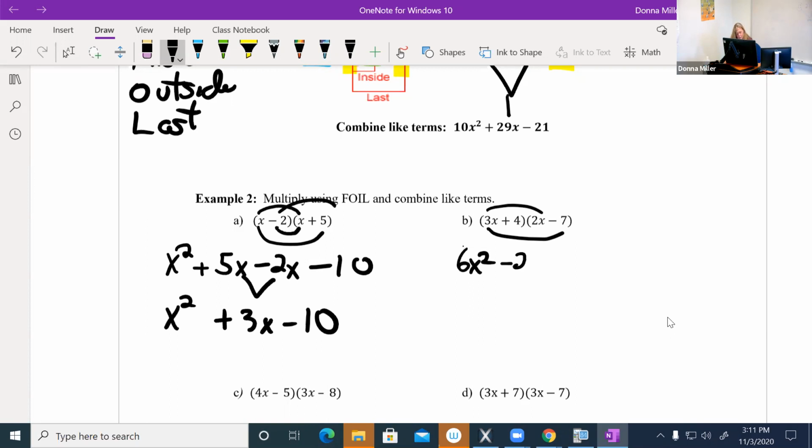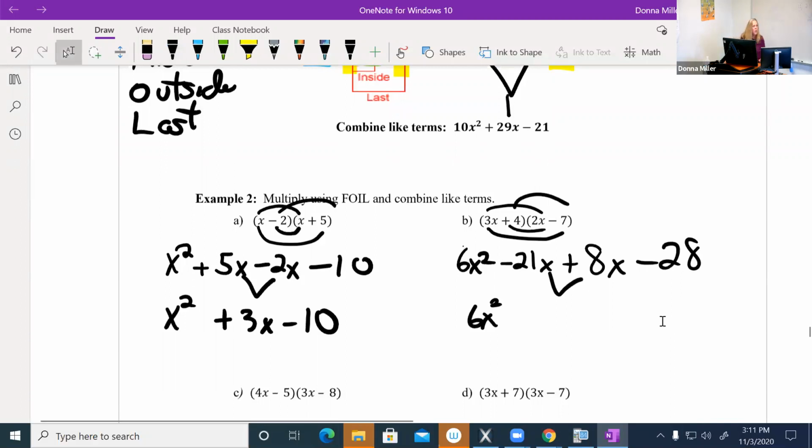Okay, negative 21x, right? Insides. 8x, and lasts -28, right? Then I combine the two middle terms. Let's see, -21 and 8. That's -13. Is that right? All right, and I'm done.